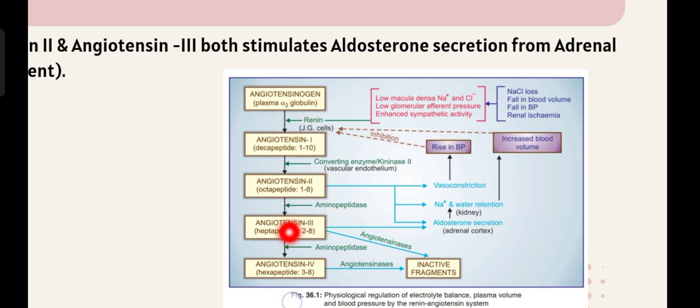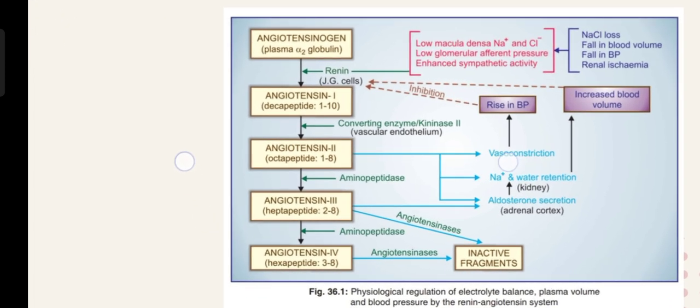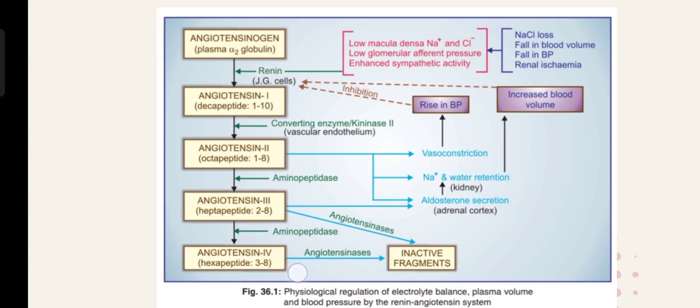Angiotensin 2 and 3 both will stimulate aldosterone secretion from the adrenal cortex, thereby increasing the blood volume. Angiotensin 3 is further attacked by another aminopeptidase, resulting in the formation of the hexapeptide called angiotensin 4.